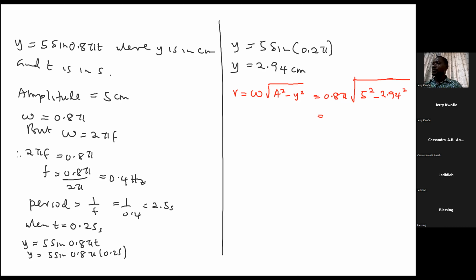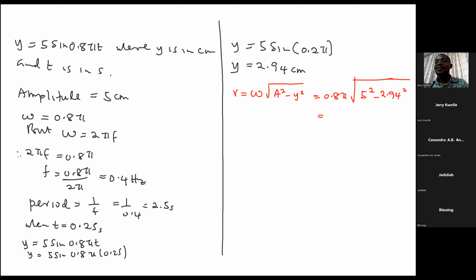Jedediah, are you there? Yes, sir. Okay. Our friend said you got 10.16, that is from Blessing. Let's hear from the rest of you. Call out your answer and stop saying you got the same thing. What same thing did you get? 10.16. Cassandra, did you get 10.16?